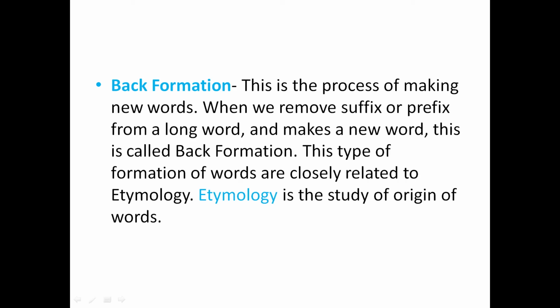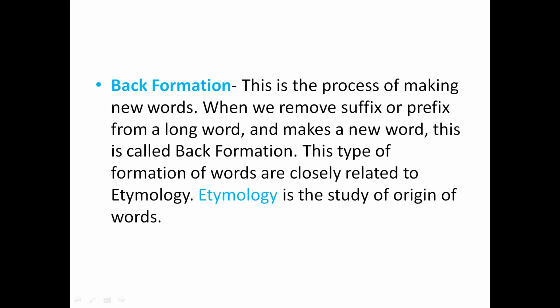The next linguistic term is back formation, and this back formation is very important in NET exams. Back formation is the process of making new words. When we remove a suffix or prefix from a long word and make a new word, this is called back formation.